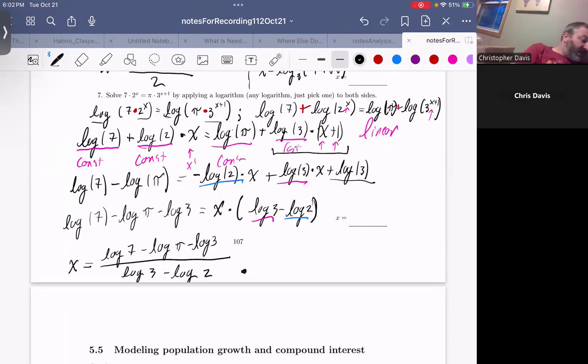Nice. And, well, maybe I'll give you this task to do right now that we've gotten an answer. Get a decimal approximation for that. And maybe more than that.